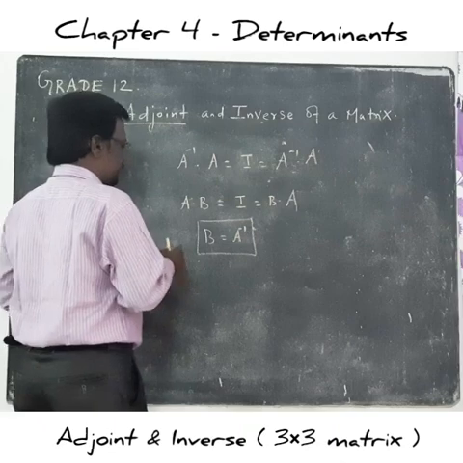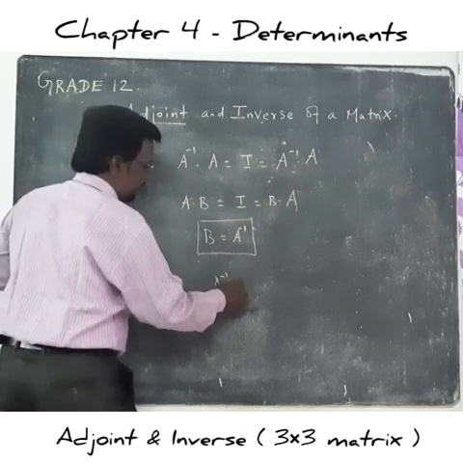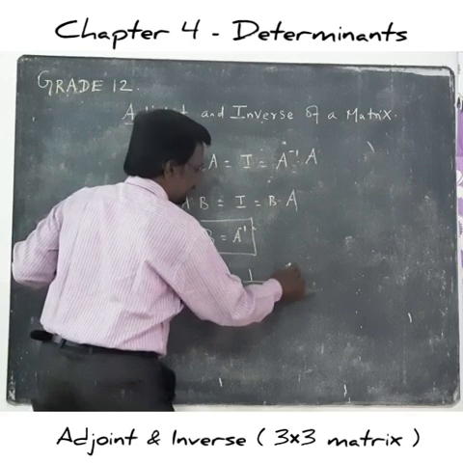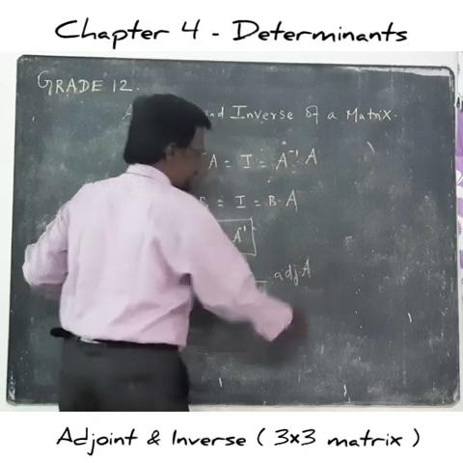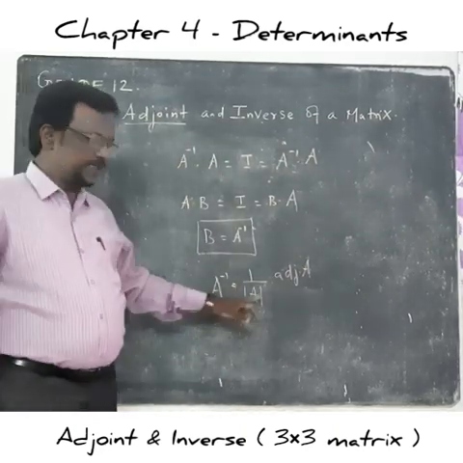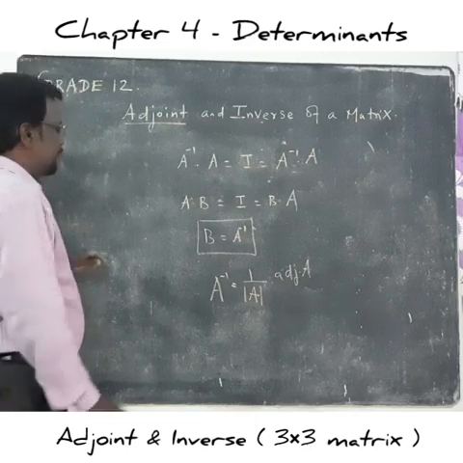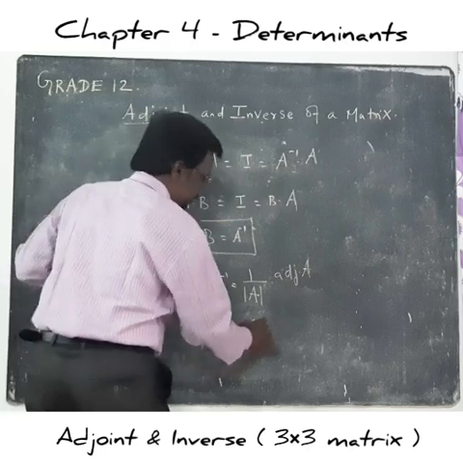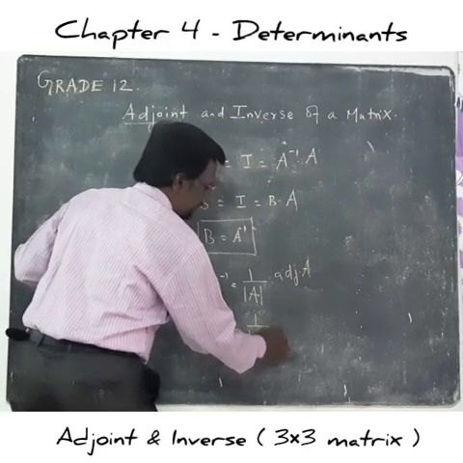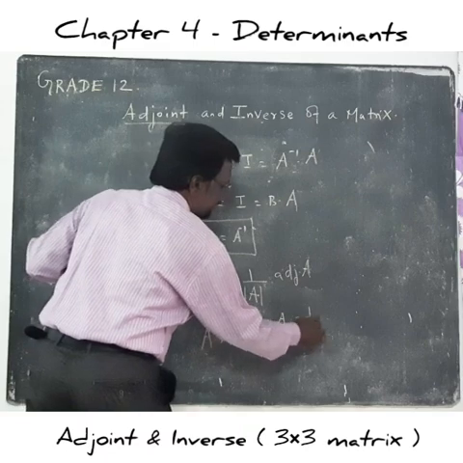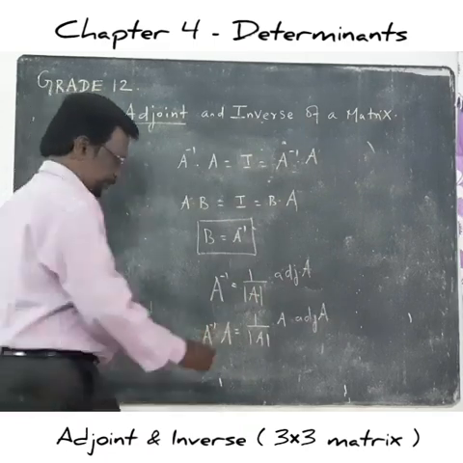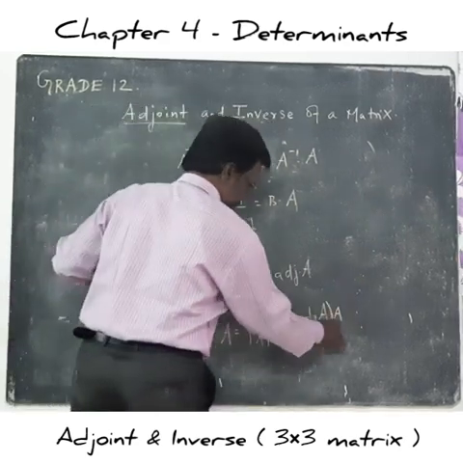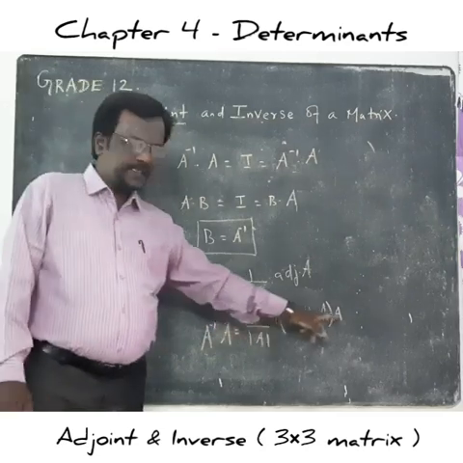Then what is the formula or method to find A inverse? A inverse is equal to 1 by determinant value of A into adj A. Why? Suppose A inverse into A, it is equal to 1 by determinant value of A into adj A into A. What is the value for adj A into A?